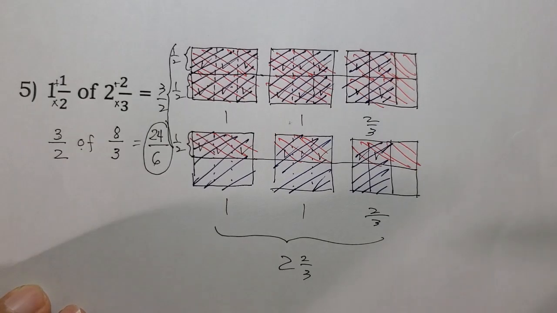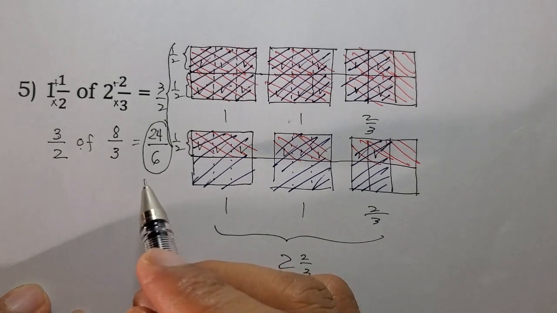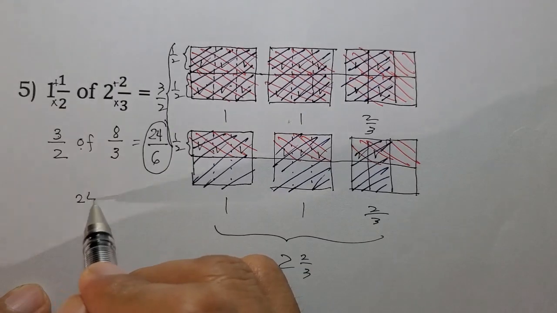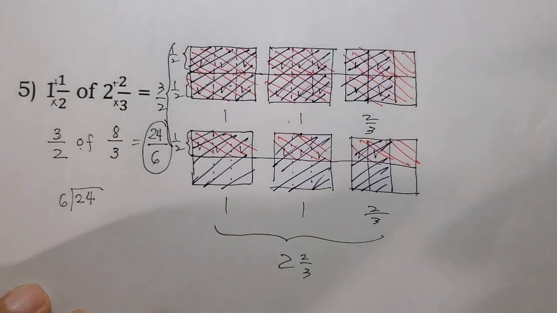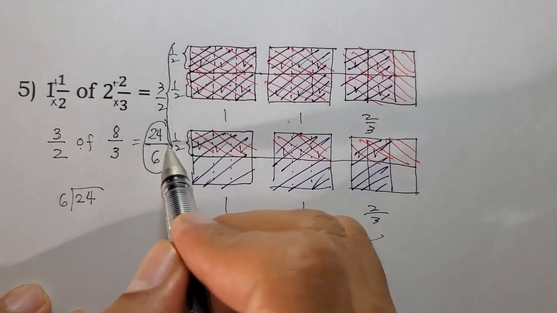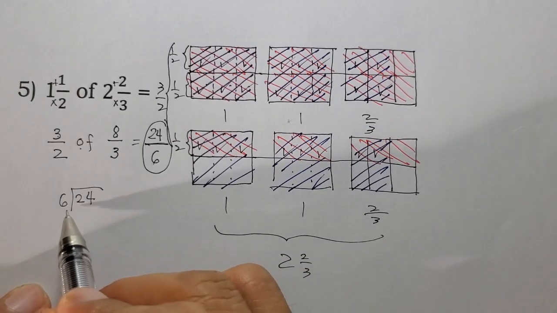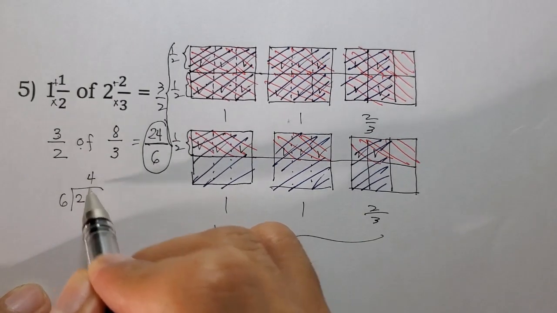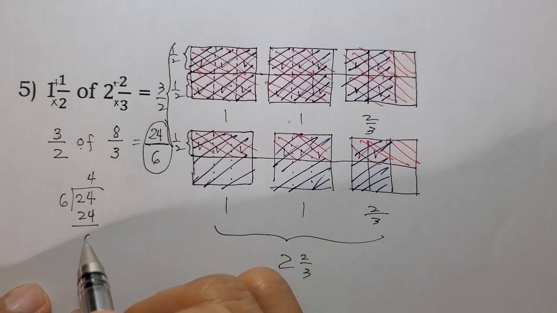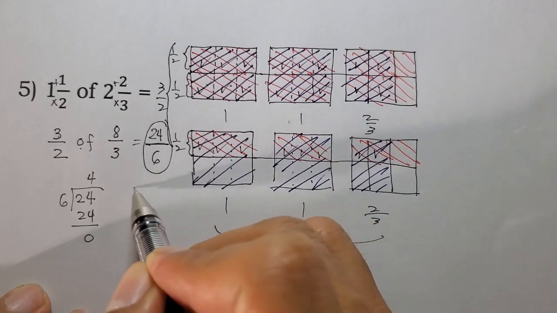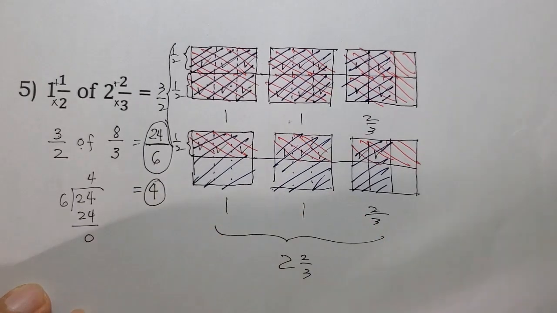However, this is an improper fraction, so we could also express that as 24 divided by 6, because fraction means division. So 24 divided by 6 is equal to 4. 4 times 4 is 24, then 0. So 24/6 is also equal to 4.